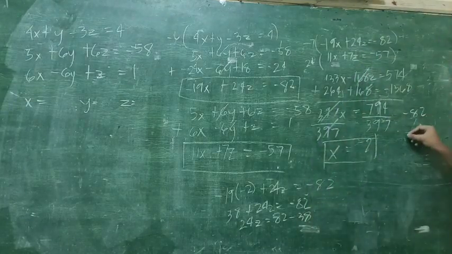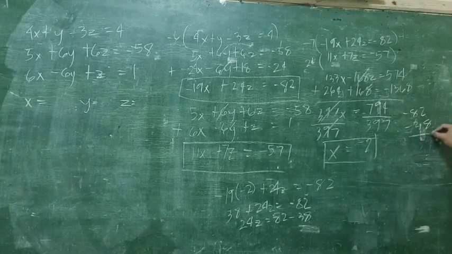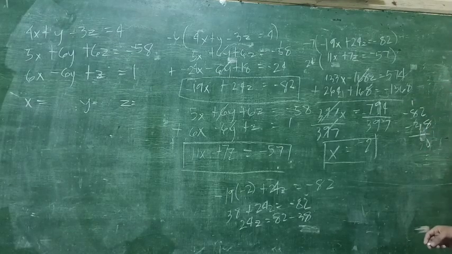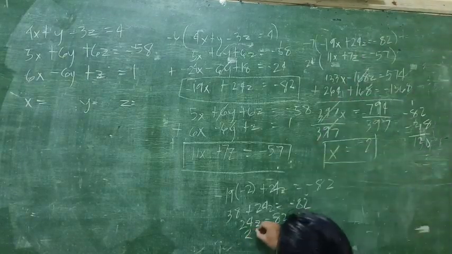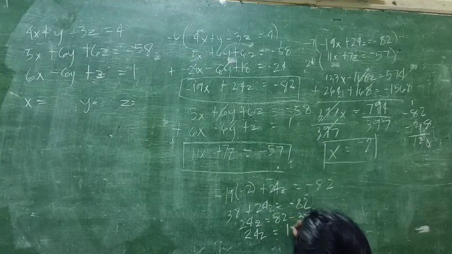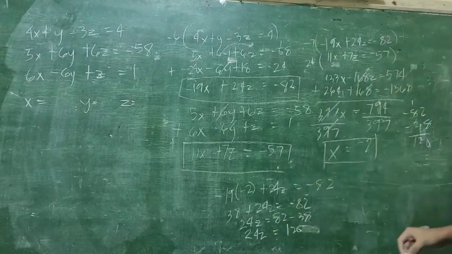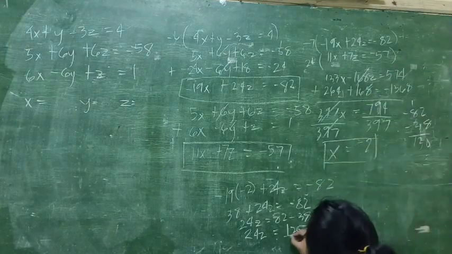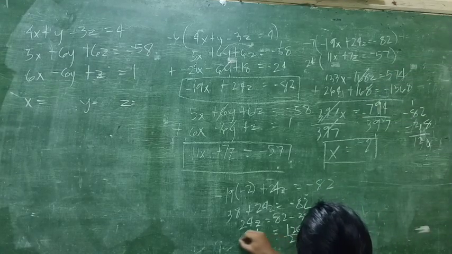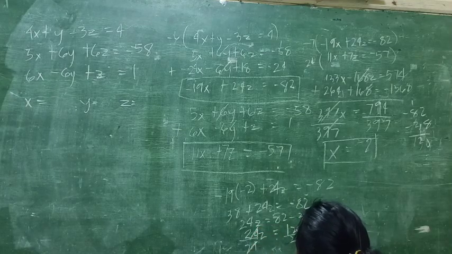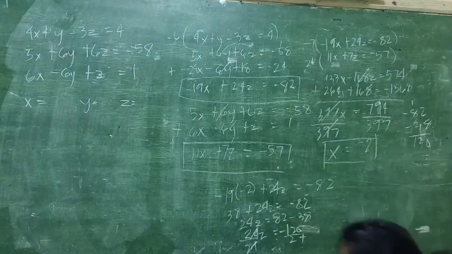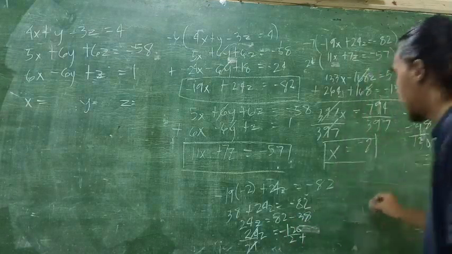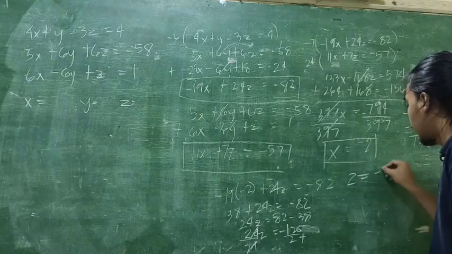Negative 82 and negative 38 is negative 120. So 24z is equal to negative 120 over 24. So our z is equal to negative 5.